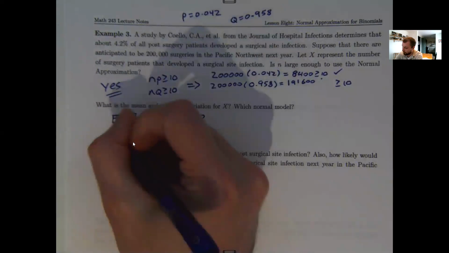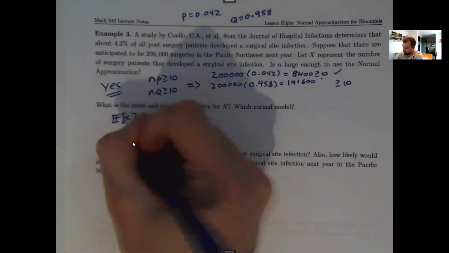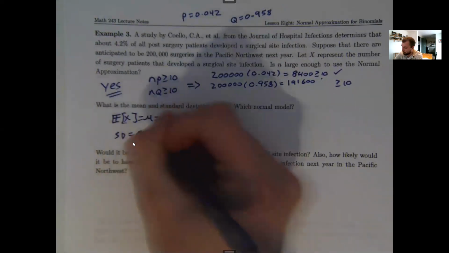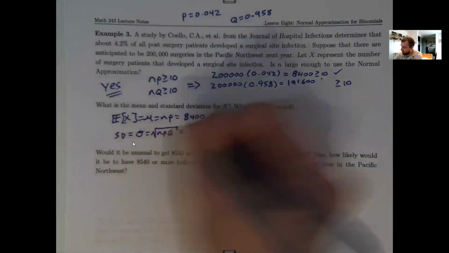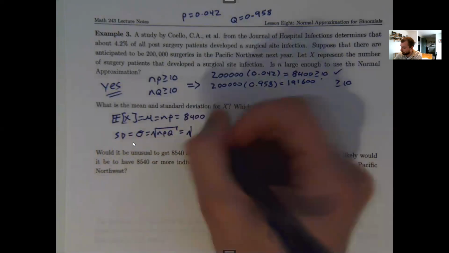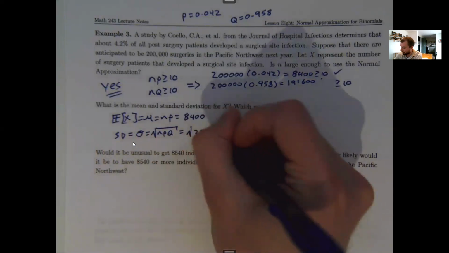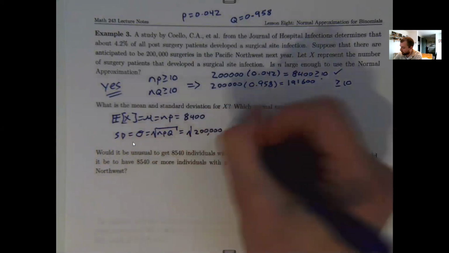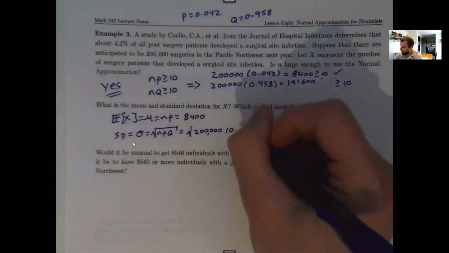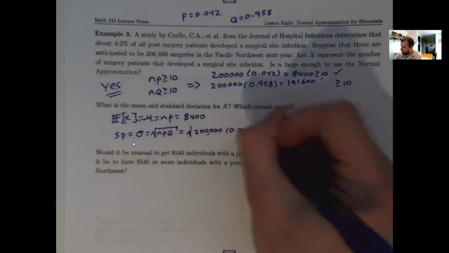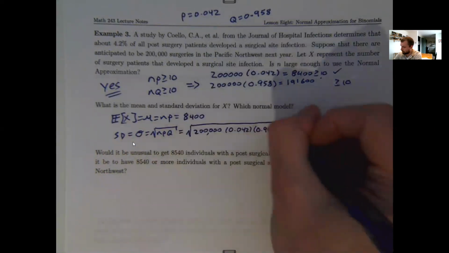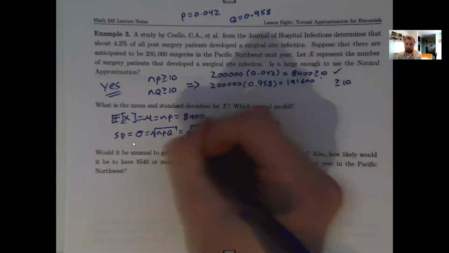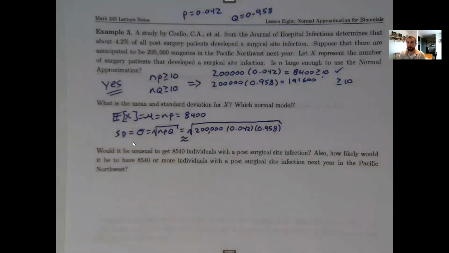As for the standard deviation, that's the square root of n times p times q. So that's going to be the square root of 200,000 times p 0.042 times q 0.958. I'll type that into a calculator and I'll see what I get.